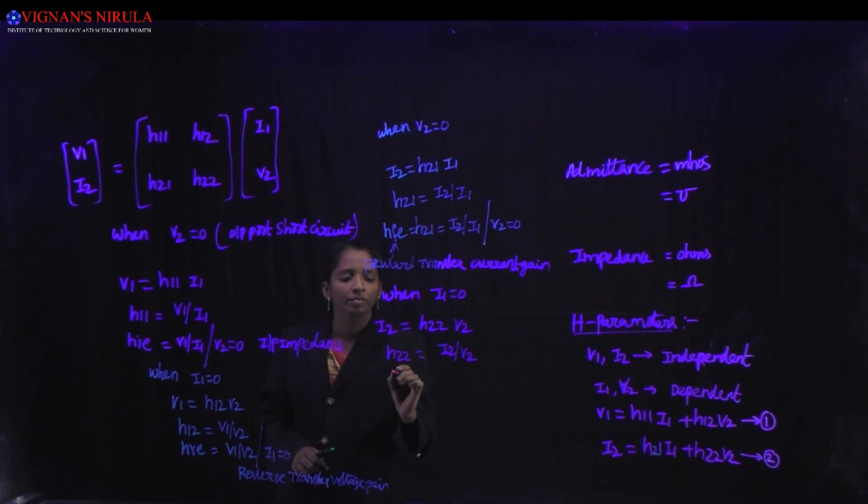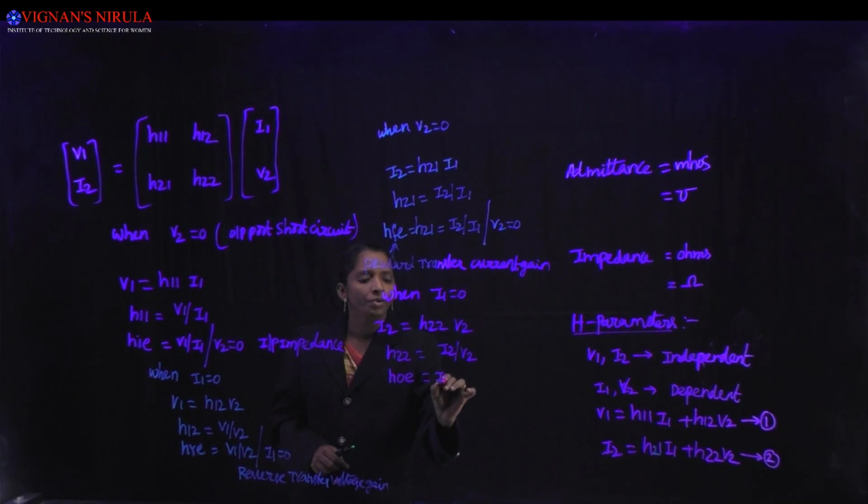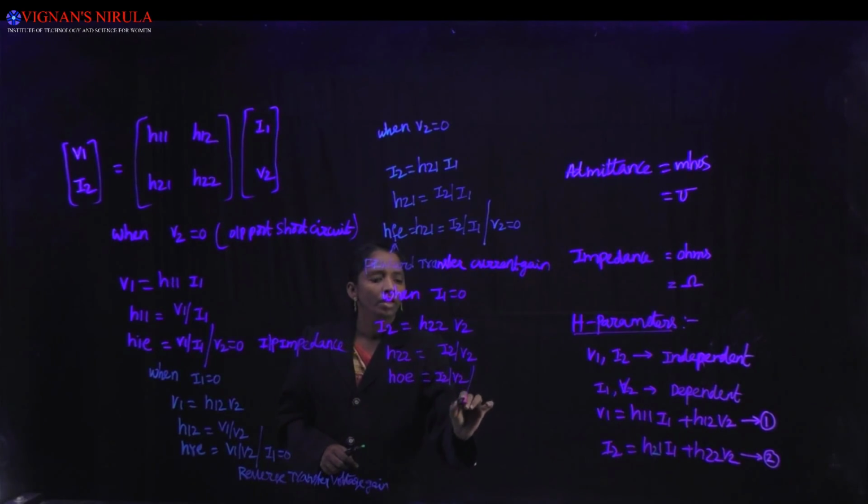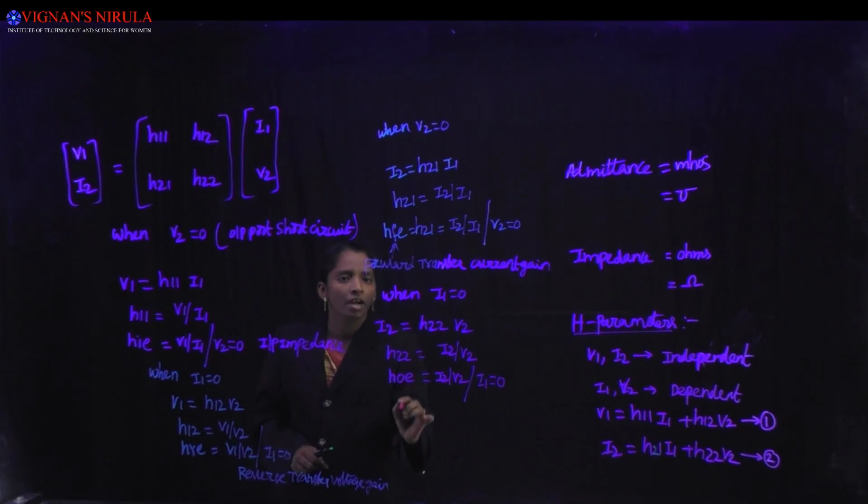Now we can write H22 as HOE. Here HOE is admittance. So HOE equal to I2 divided by V2 at I1 equal to 0. Okay, it is called output admittance.